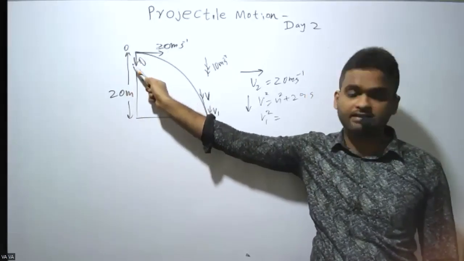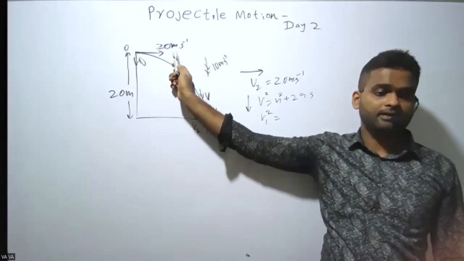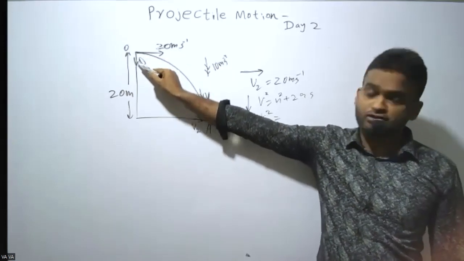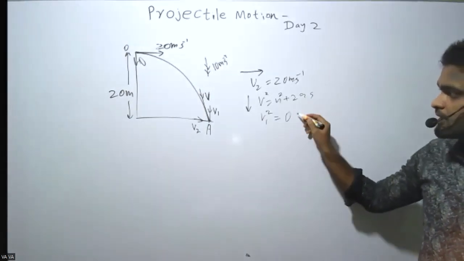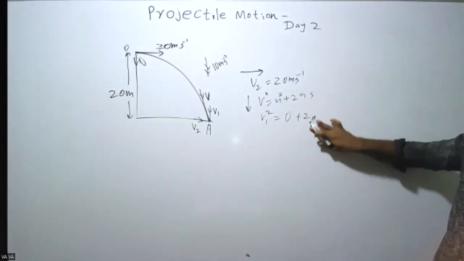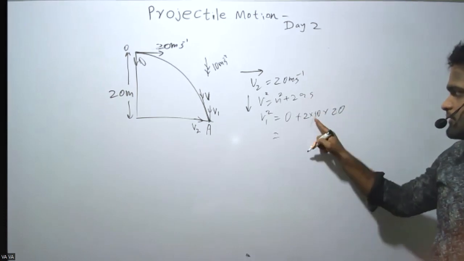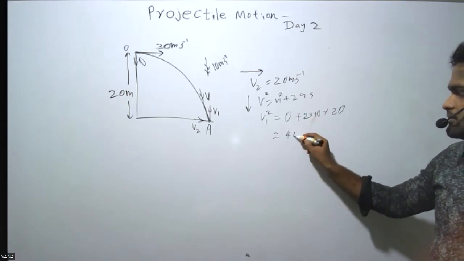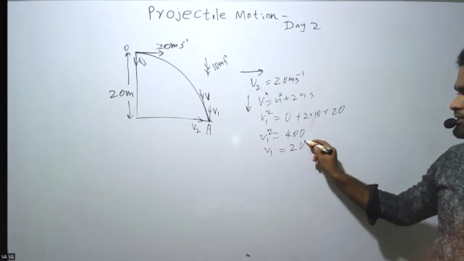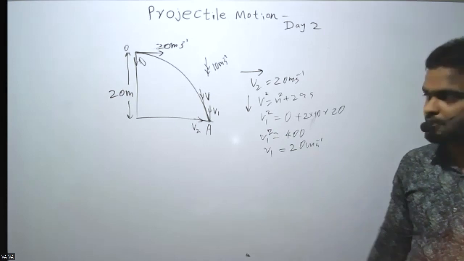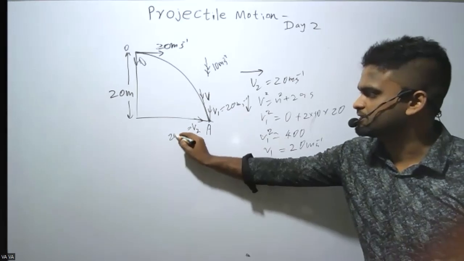There's no vertical component. Plus 2g, g means 10, height is 20. So 20 times 20 is 400. So V1 is root 400, that is 20 meters per second. So V1 we found is 20 meters per second, and this V2 also is 20 meters per second.